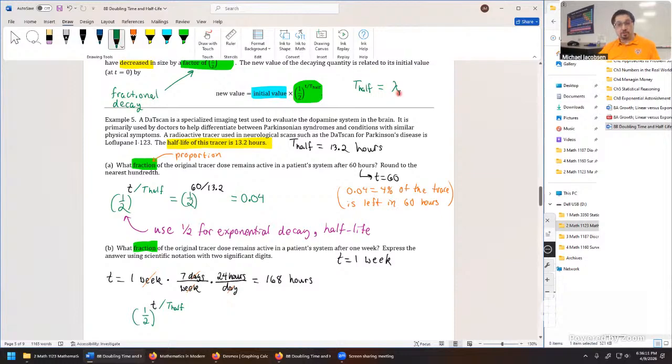So if you prefer to use that, that'd be completely fine. But I'll keep with the actual values that the author used in the reading as well, keeping it in that format. So this will be 1/2 to the power of 168 hours divided by the half-life, 13.2 hours.